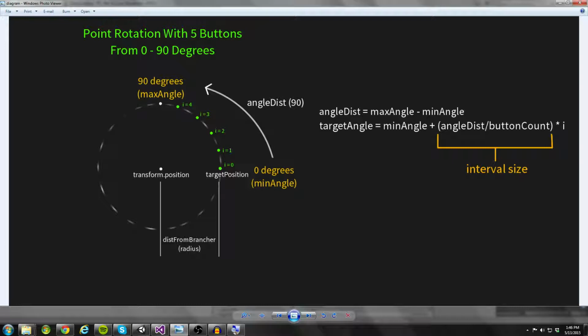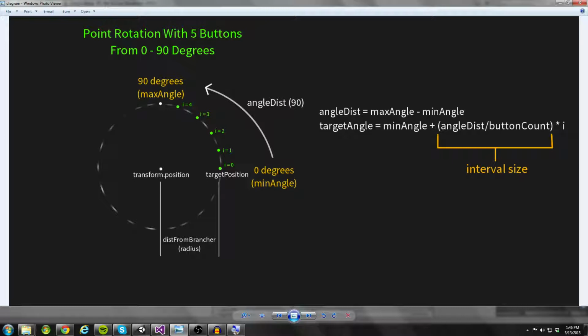Now looking at the difference between the transform.position and the target position, we can define that as the radius of the circle that we're rotating around. This radius is going to determine how close or how far we want the buttons to be from the button brancher. If we look at the green dots that circle around the circle, that's going to be all of the possible positions for a system where we have 5 buttons from 0 to 90 degrees.